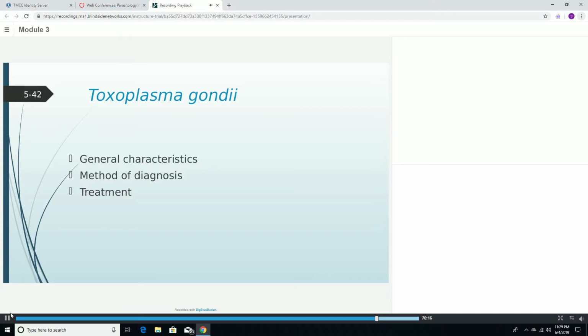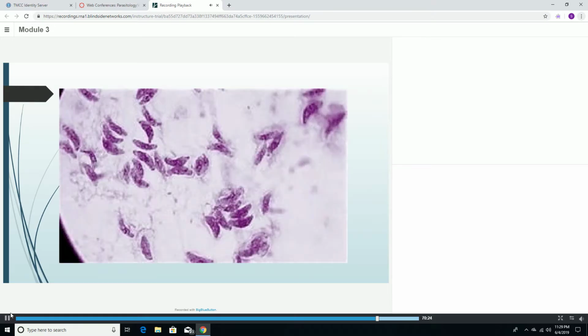We could also see the bradyzoites in periodic acid-Schiff, or PAS, positive testing. So here you see the stage that we're going to look for in patients. This is the tachyzoite, and it's the crescent-like appearance. This is what we're going to look for with Toxoplasma gondii.